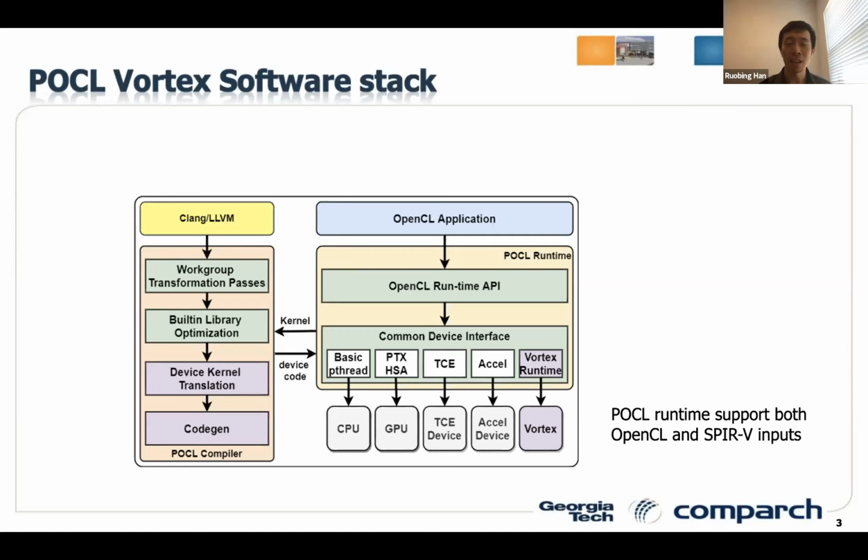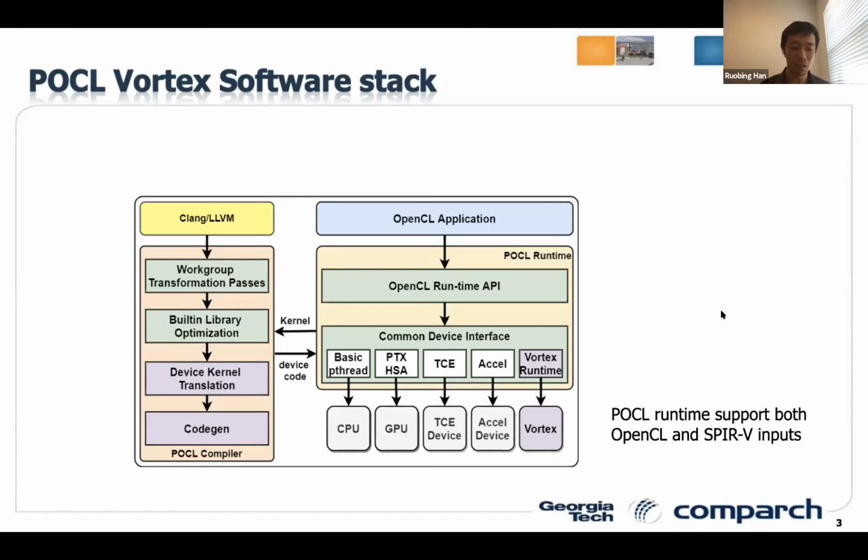In the execution part, the POCL framework loads the RISC-V binary from memory, uses the Vortex driver to upload this kernel to the Vortex backend device, and then uses other functions in the Vortex driver to launch the kernel. So this is the whole process of POCL execution.